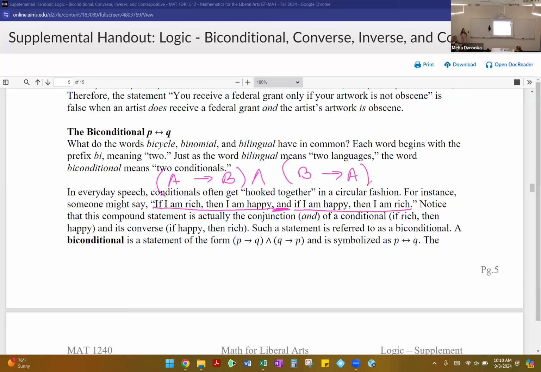So this is what a biconditional would look like if we didn't use the double-headed arrow. But if you use the double-headed arrow, then you can just do that and you don't have to write out that big, long sentence.